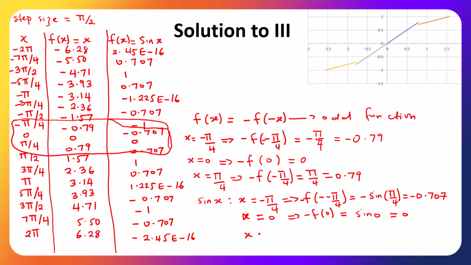And when x equals pi over 4, we have minus f of minus pi over 4, and this gives us minus sine of minus pi over 4, and this is the same as 0.707.